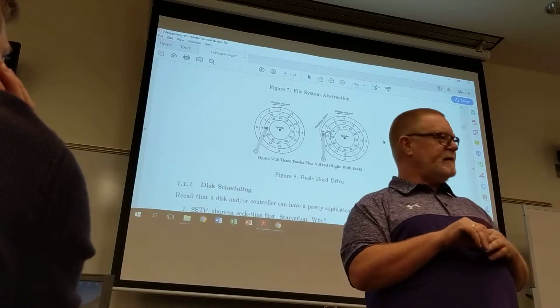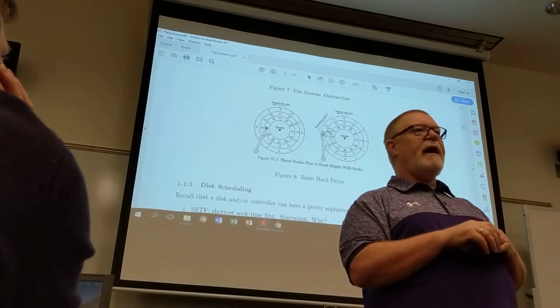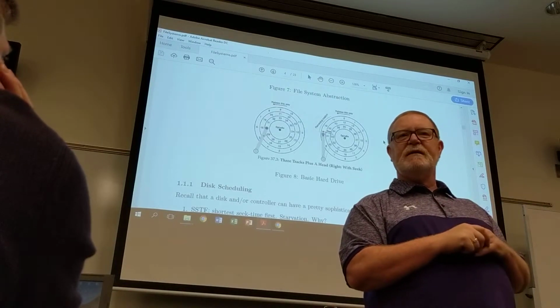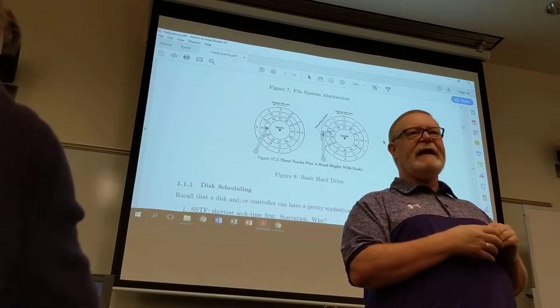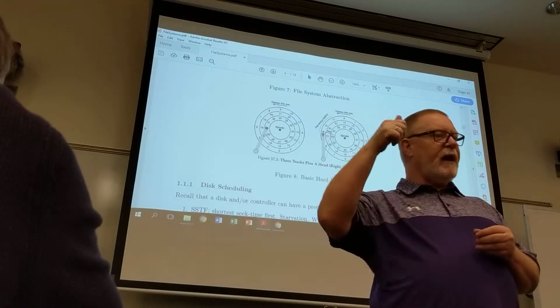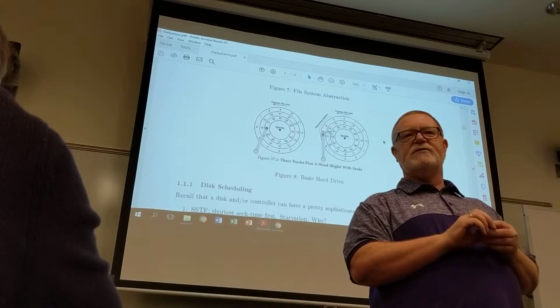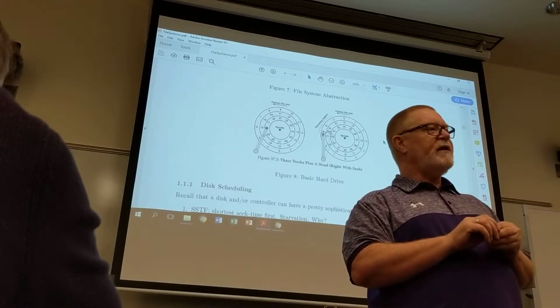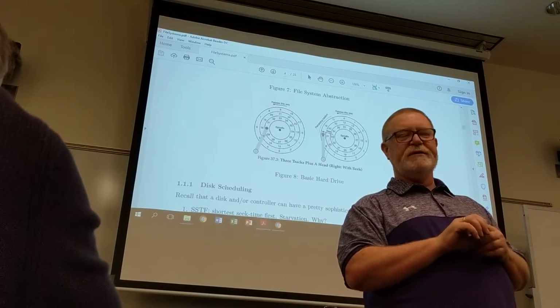If we're doing shortest seek time first, and we're keeping our queue fairly busy, we never get to that one that's 900,000 tracks away. It's as though it never gets written. It does not get persisted.